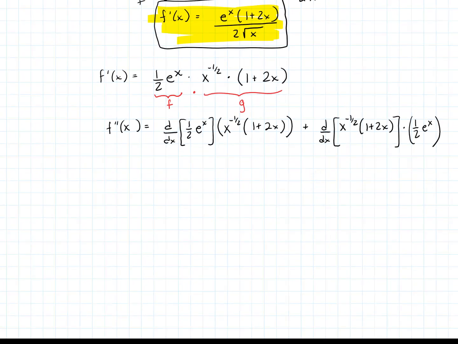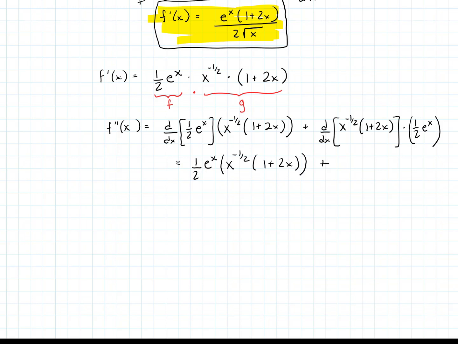So here we're going to take the derivative of e to the x. The derivative of the natural exponential is itself. So this is just 1/2 e to the x times x to the minus 1/2 times 1 plus 2x.